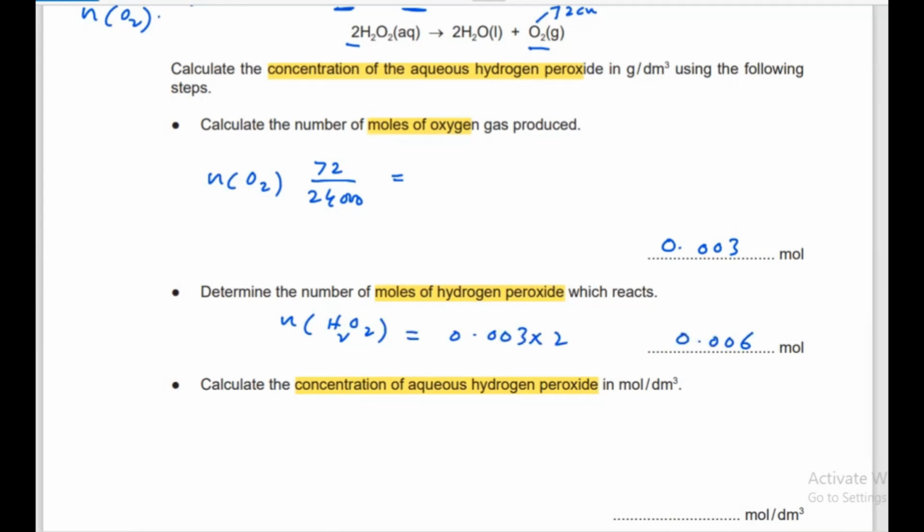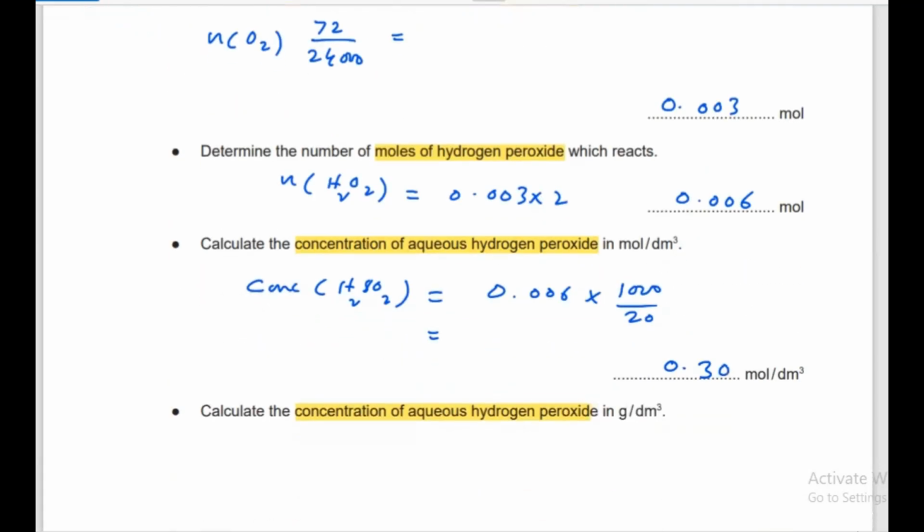Now, calculate the concentration of aqueous hydrogen peroxide in moles per dm³. The concentration of H2O2 is moles 0.006 times 1000 divided by 20, because 20 cm³ is the volume of hydrogen peroxide given in the question. So it is 0.30 moles per dm³.